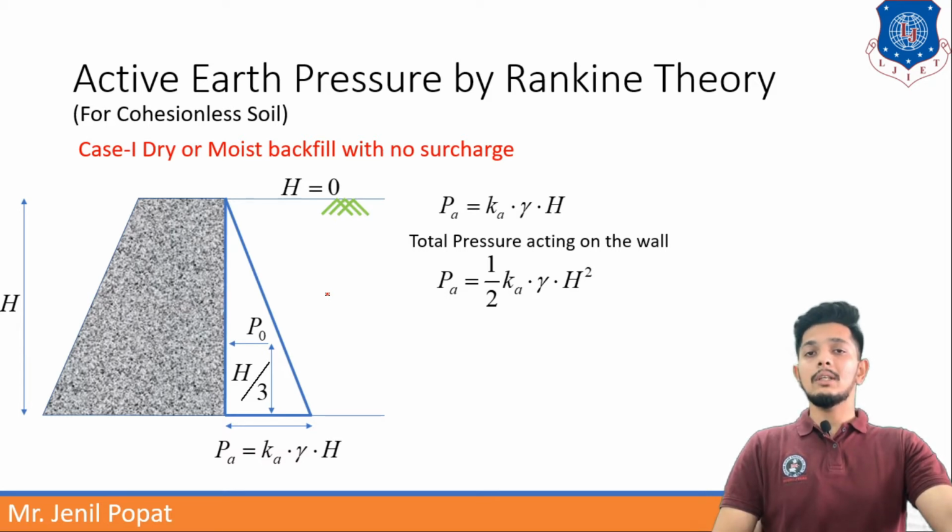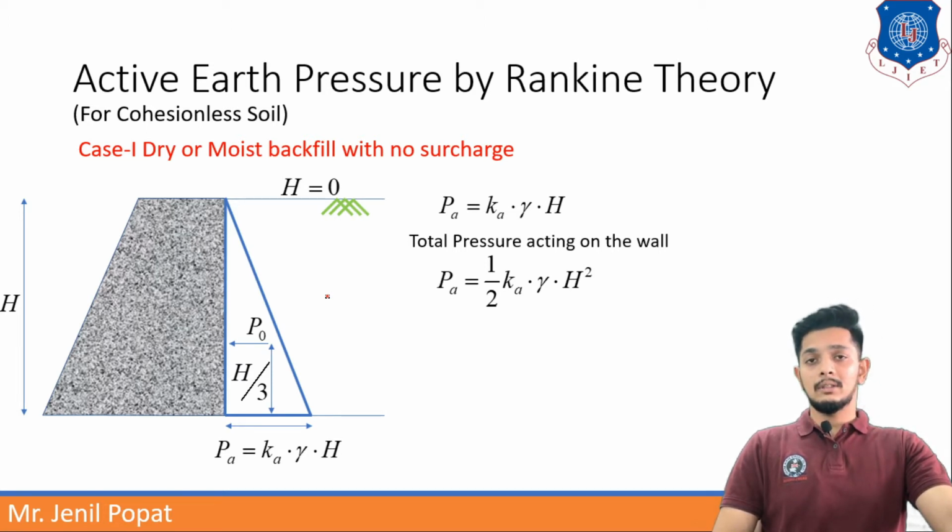So unit weight into height will give you pressure, and as it is an active state earth pressure, we have to multiply it with Ka, that is the earth pressure constant of active earth pressure. Now to find out total force, we will take 1 by 2 Ka into gamma into h square.